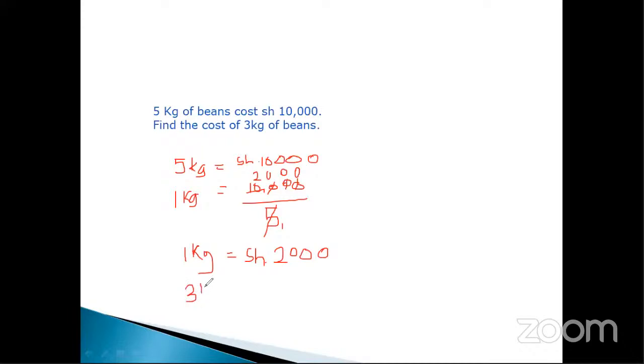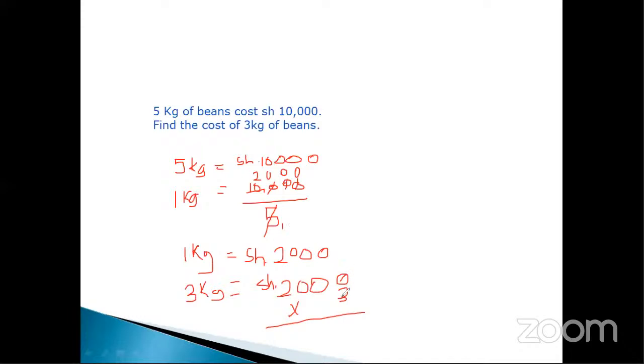Okay, I'm just writing in short. So 3 kilograms of beans, now we are going to multiply by 3. Very good. So this will give us the cost of what they are asking. They are asking the cost of 3 kilograms, so we need to first determine the cost of 1.